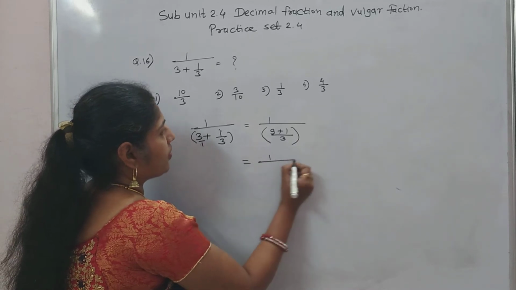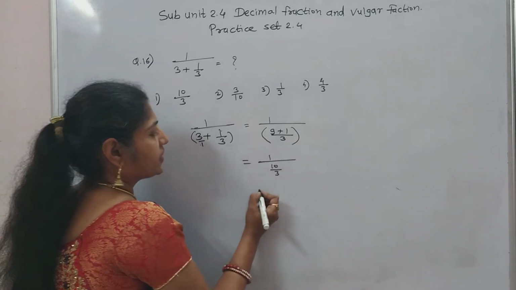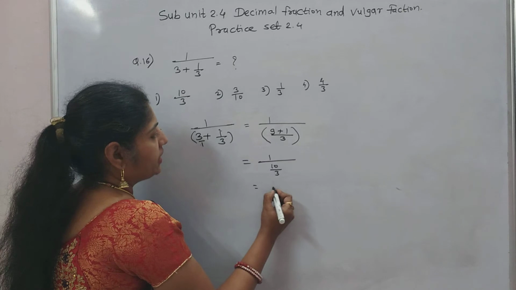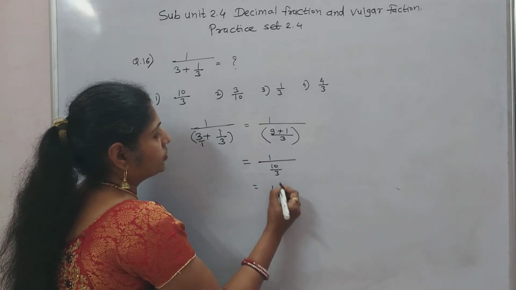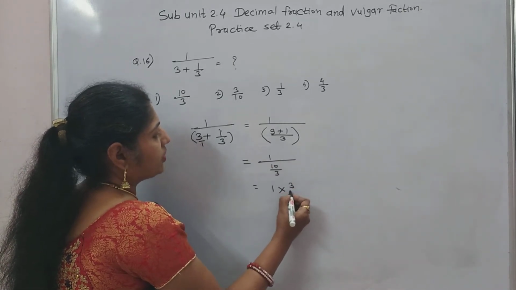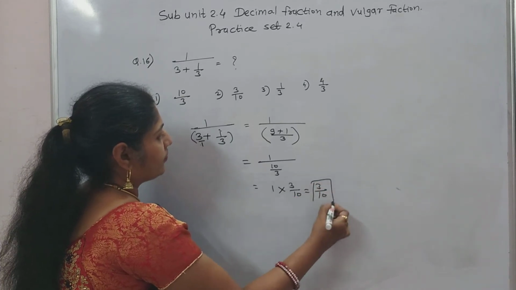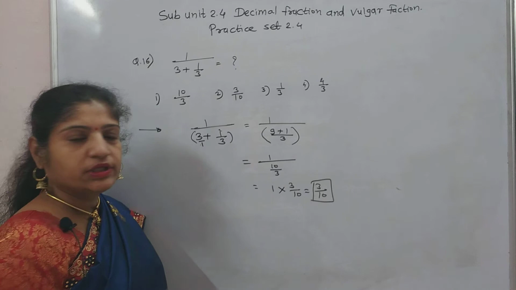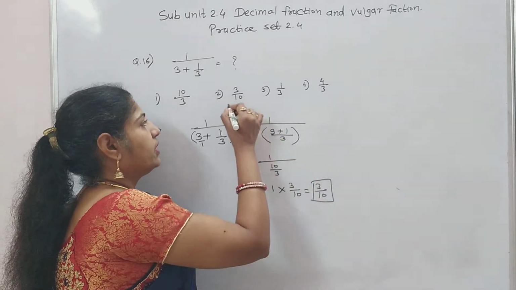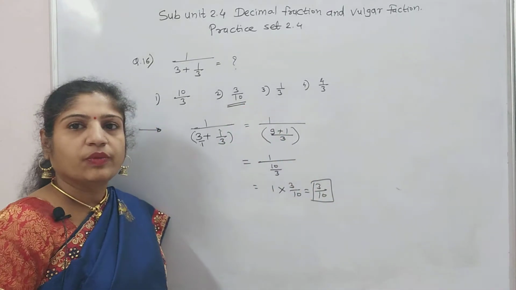So 1/10/3. So we write 1 into, take a reciprocal of 3/10. So our answer is 3/10. Option number 2.